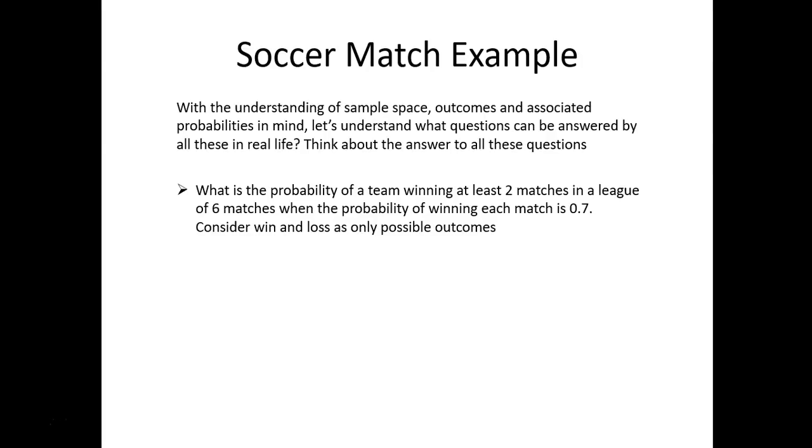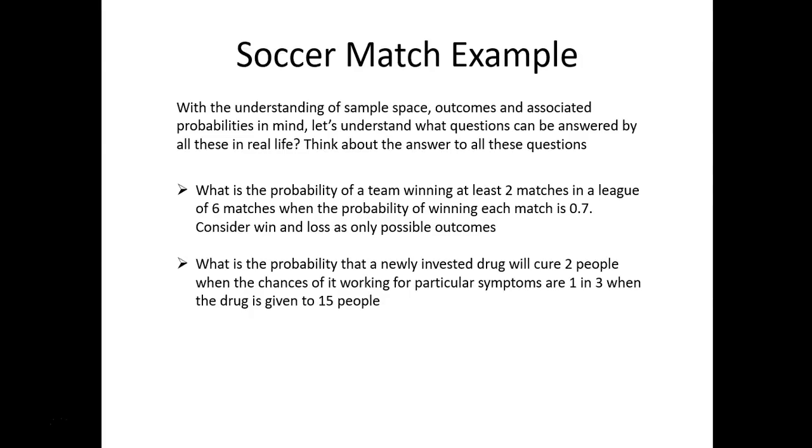There can be different problems that can be answered with the binomial distribution that we just saw. What is the probability of a team winning at least 2 matches in a league of 6 matches when the probability of winning each match is 0.7? Consider win and loss as the only possible outcomes. This is something that we can answer using our binomial distribution.